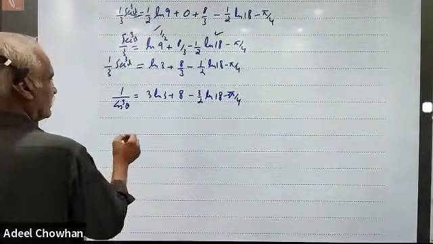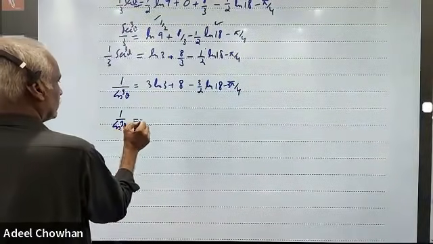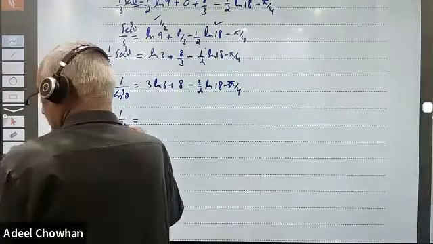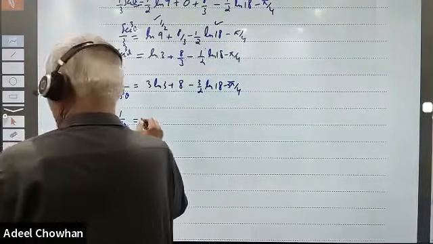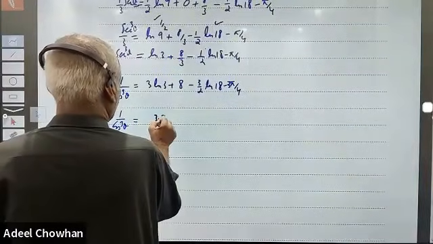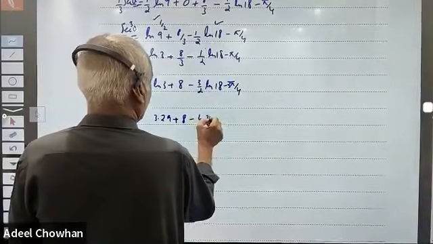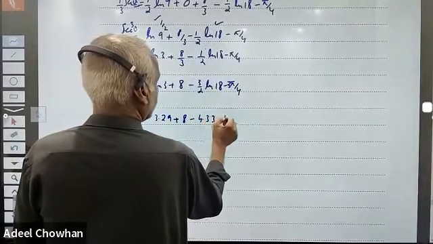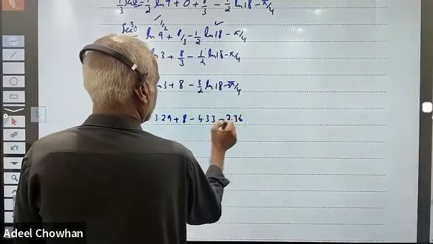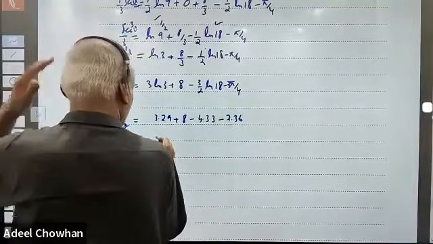So this value is basically equal to 3.29 minus 4 point something.